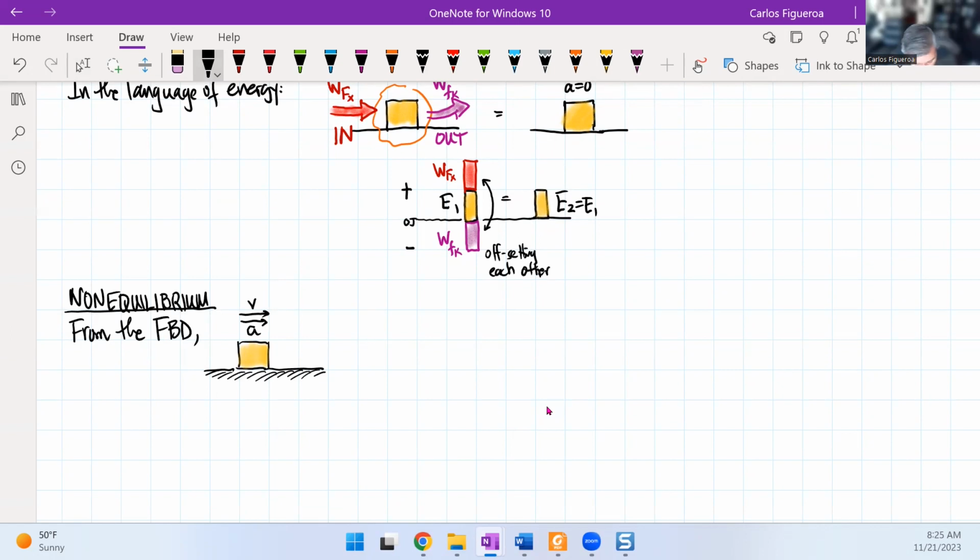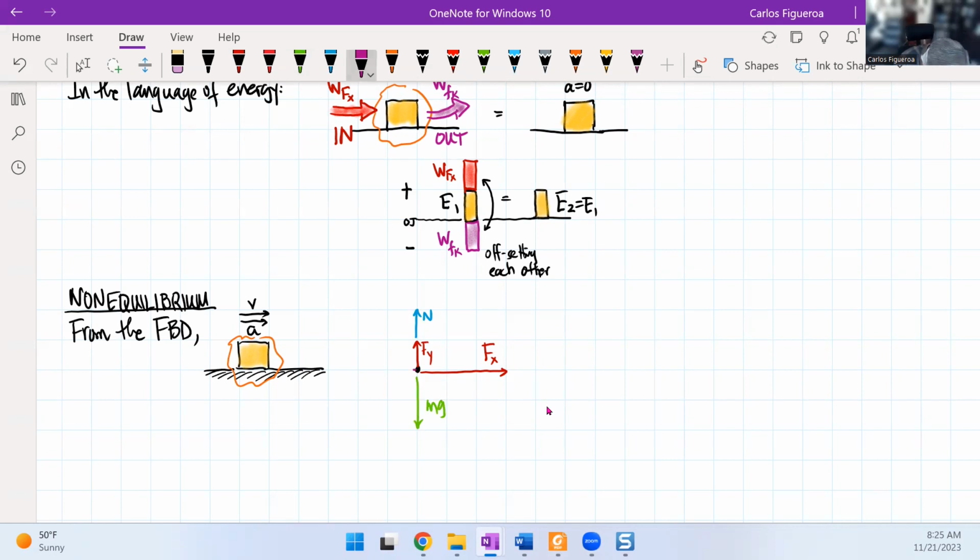So if it's speeding up, now I've got to look at my system here. So the free body diagram then tells me the following thing. I still have my same forces. I have my force in the y direction. I have a longer f of x. I still have a normal going up, and I still have mg coming down.